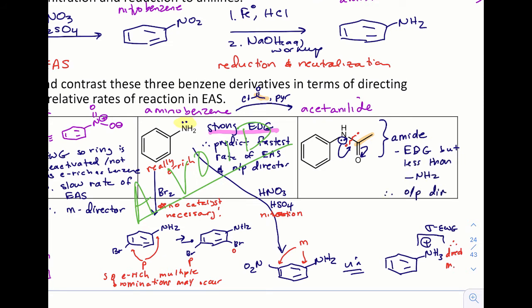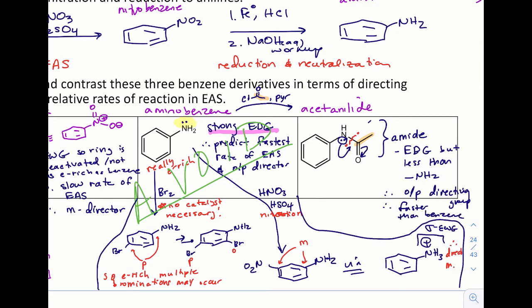There's going to be no funny business, and it will be faster than benzene in electrophilic aromatic substitution reactions. For example, if we took acetanilide and treated it with bromine in the presence of iron bromide, we would observe a single bromination at the para position. This is a pretty bulky group, and it blocks the ortho.